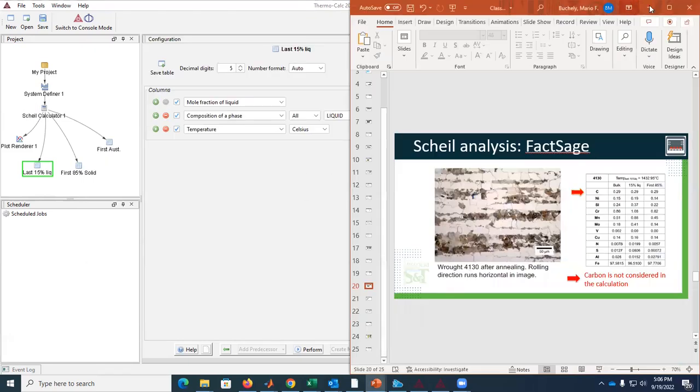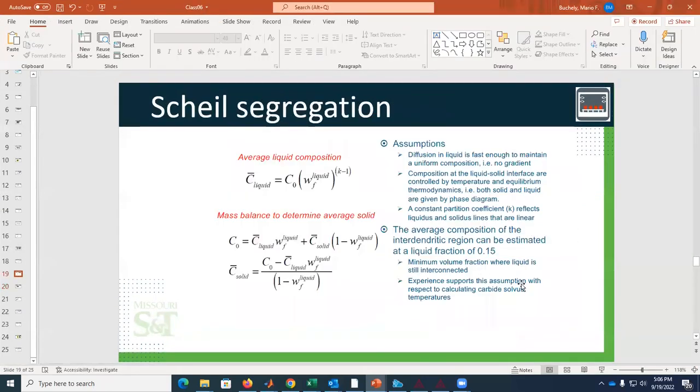So if I go back to my slides, usually it has been determined experimentally by different researchers that the last 15% of liquid is basically the composition of the segregation area. So we could go by the last 1% of liquid, but in that case, it's kind of the last stage of solidification.